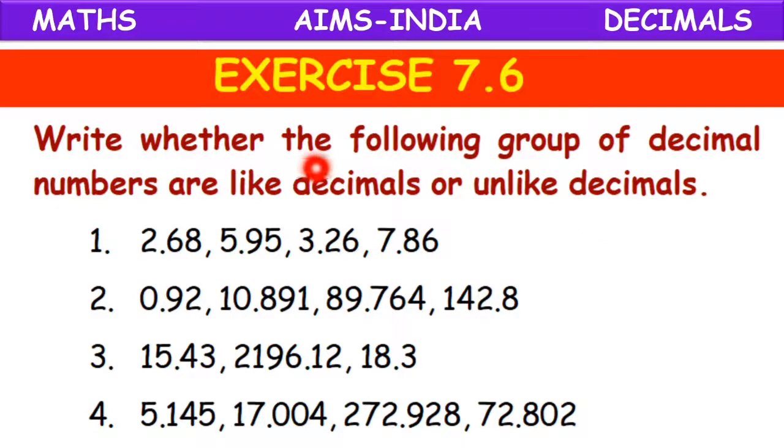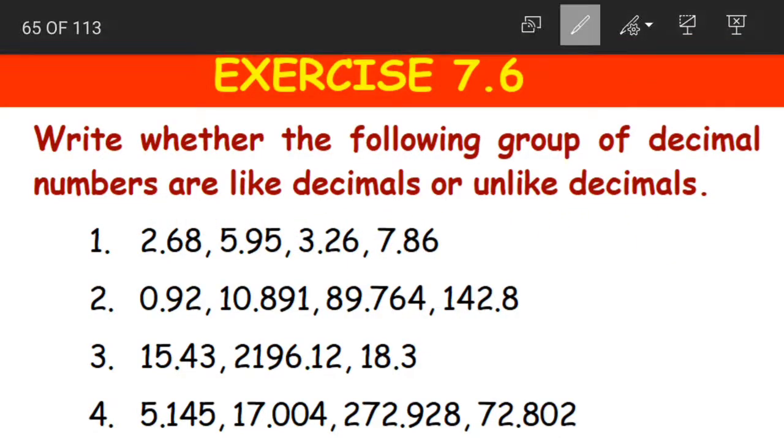Let us do an exercise based on that. Write whether the following group of decimal numbers are like decimals or unlike decimals. If we look at question 1, we are given 4 decimal numbers: 2.68, 5.95, 3.26 and 7.86.